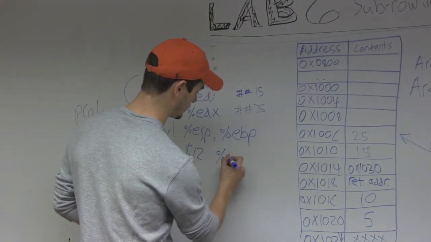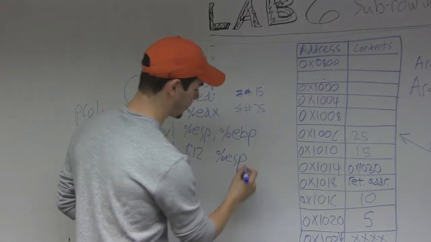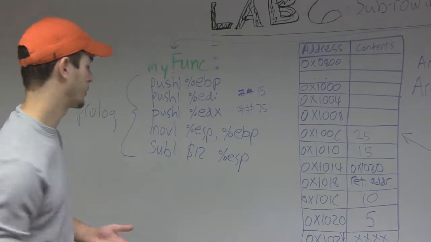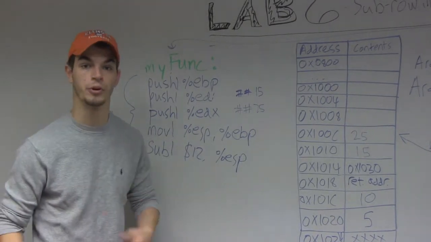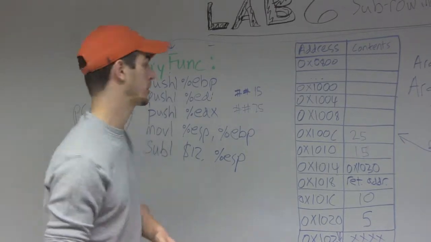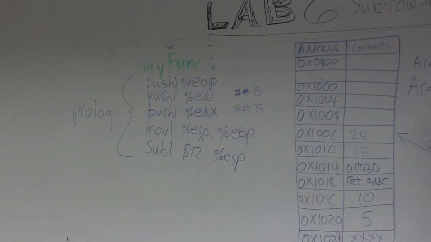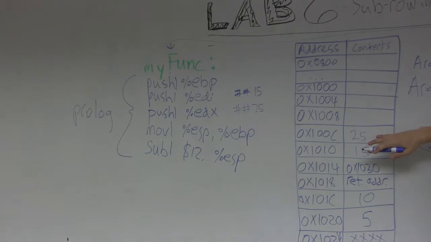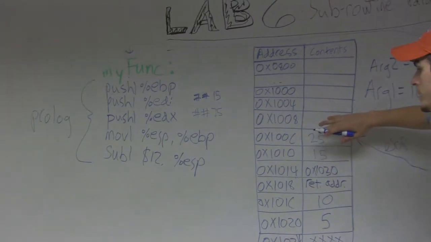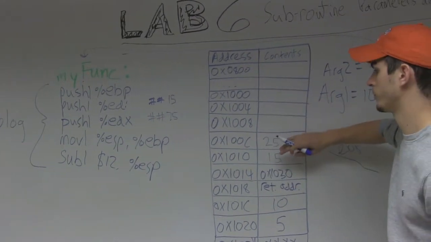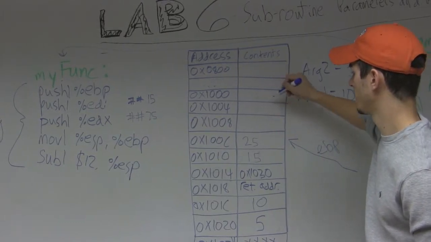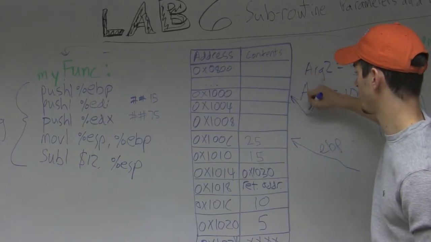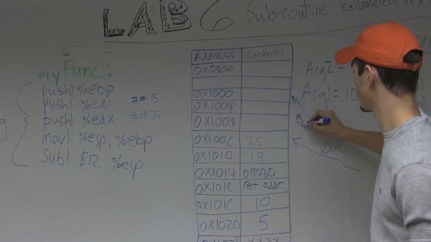So by doing that, we are allocating space for 3 local variables in myfunc. So now our ESP will be pointing at 12 bytes above. So it would be 1, 2, 3. Now our stack pointer is pointing here.